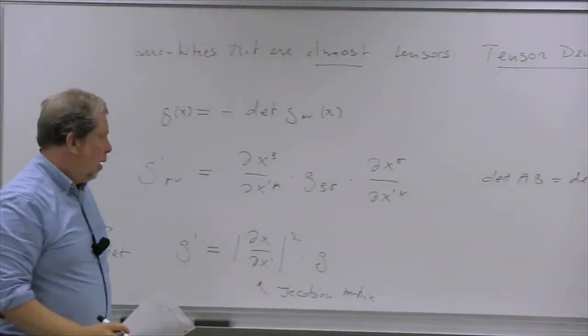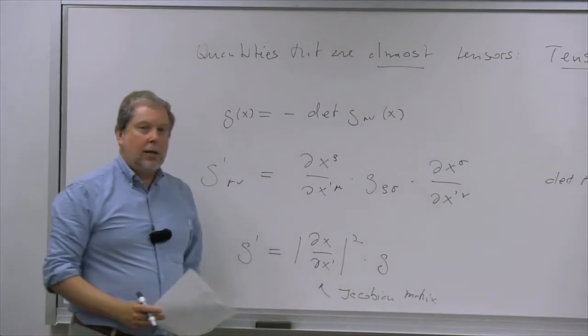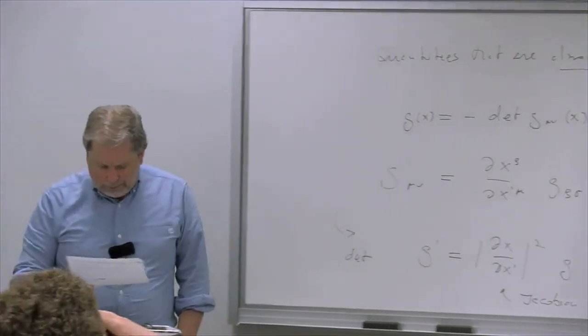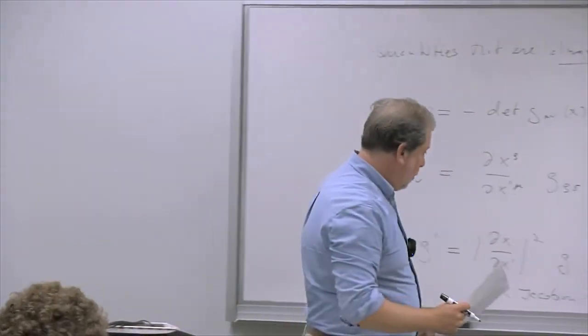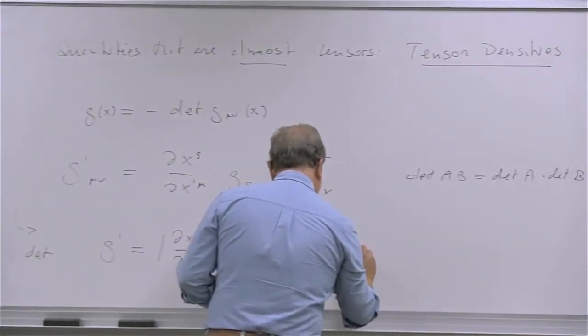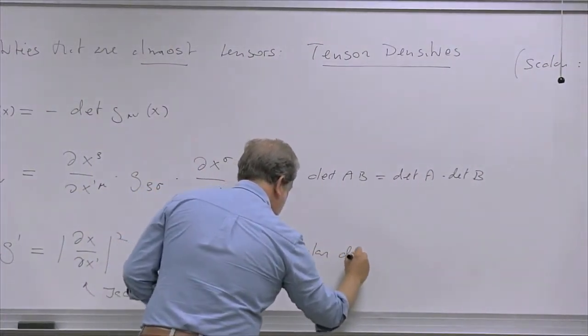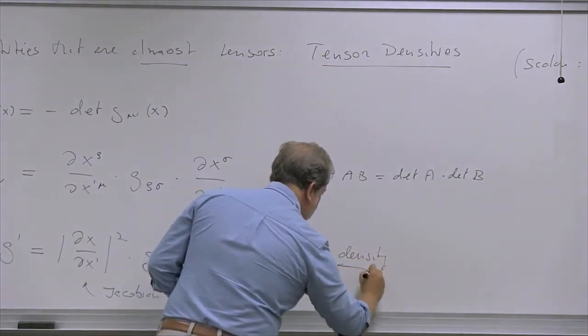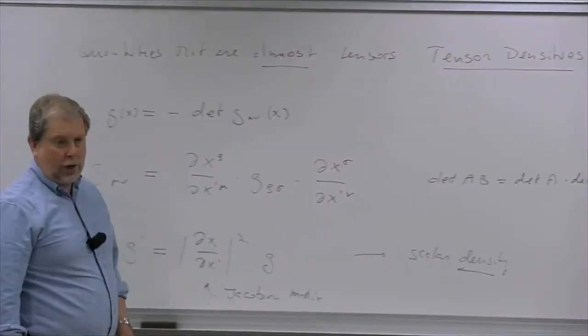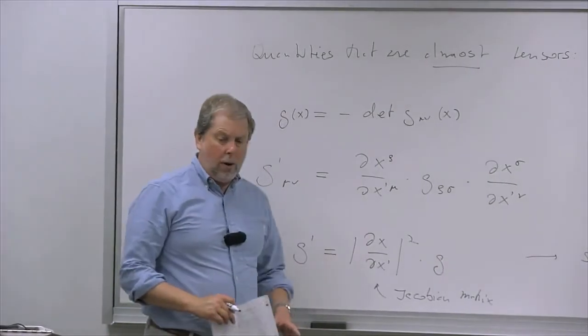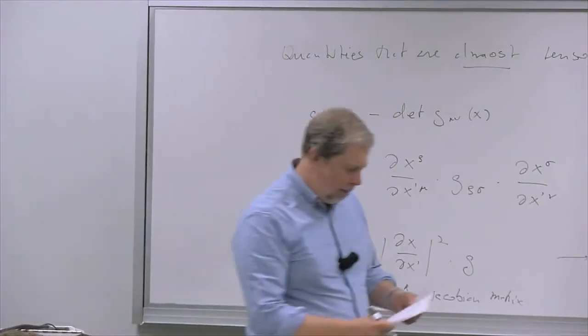So here, it changes by some number, which depends on x. And so that means that the determinant of the metric is a scalar density. It's called a density because it does change by some power of this dx by dx prime.